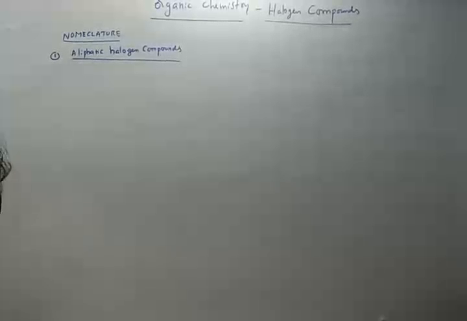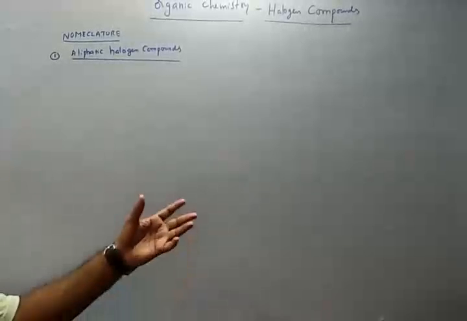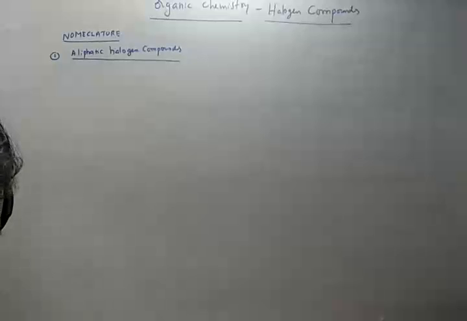In this nomenclature, monohalogen derivatives of alkanes are commonly named as alkyl halides, as we have already observed in the previous discussion. So this method is satisfactory only for naming relatively simple compounds. More complex molecules are named according to IUPAC.